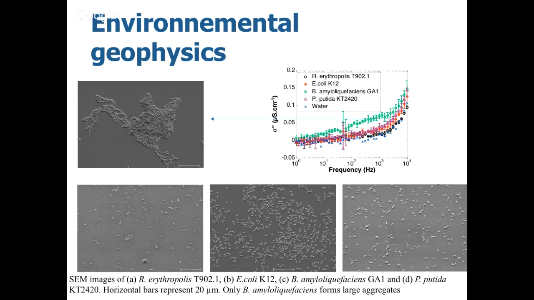Yeah, well, we don't know if it's the bacteria themselves or if it's around the aggregates, like an electrical double layer around the aggregates where we have the biofilm that will hold the charge and that will actually polarize. But then it's going to be a different story when we put them into a porous medium. It's going to be more complicated because you need to make sure that they grow in a porous medium in a homogeneous way, so you would basically have to recirculate the fluid within it.